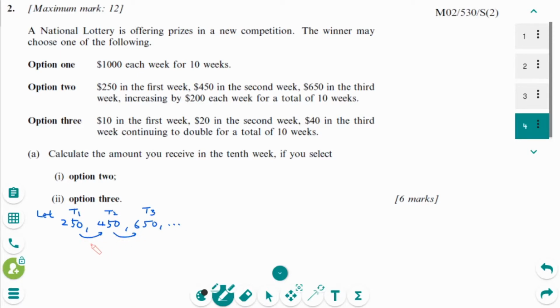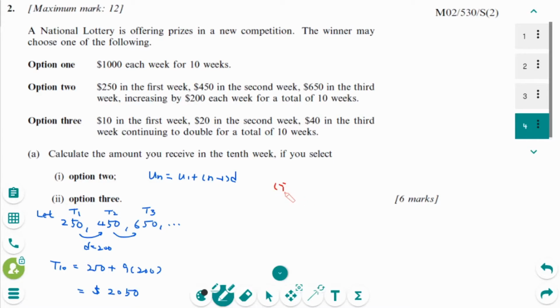Then common difference d equals 200. Then use the formula Un equals U1 plus n minus 1 d. Then T10 equals 250 plus 9 times 200. Answer is $2,050.